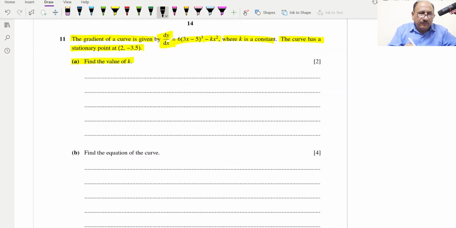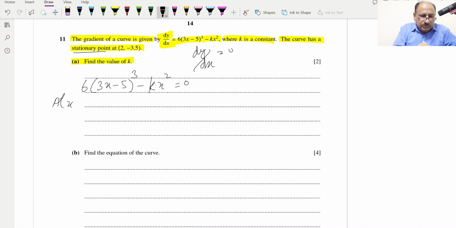So to find the value of k, we know that for a stationary point, dy by dx is equal to 0, and dy by dx is 6 into 3x minus 5 whole cubed, it's cube, not square, minus kx squared, which we put equal to 0.